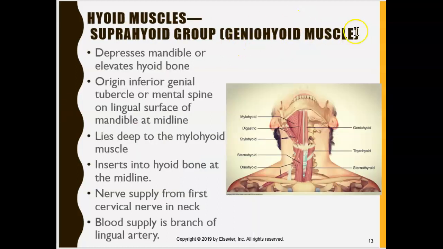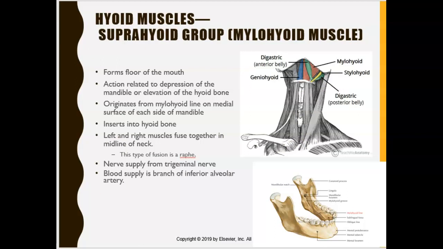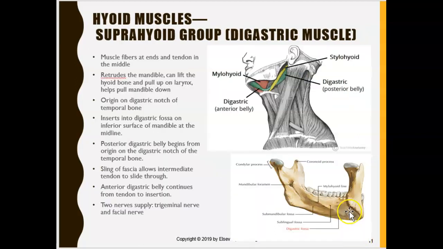Then we have the geniohyoid muscle. The geniohyoid muscle is located, if I look over here, this one right here, straight line. And you can see it's attached to the mandible. Let me show you a picture of the mandible. Let's see if I have a better picture. These bumps that you see here are known as the genial tubercles.